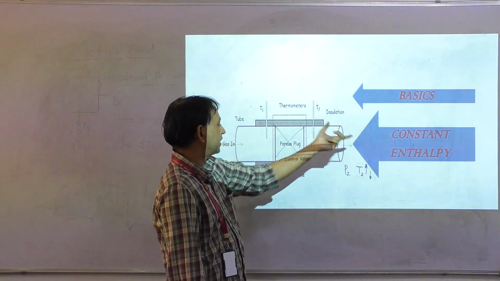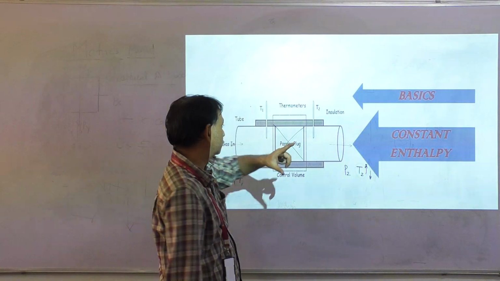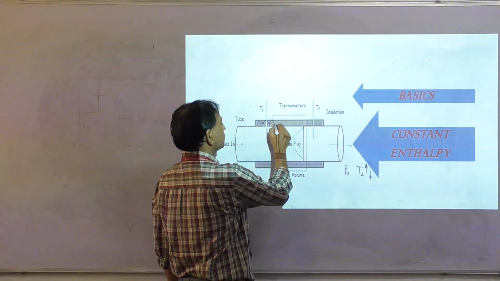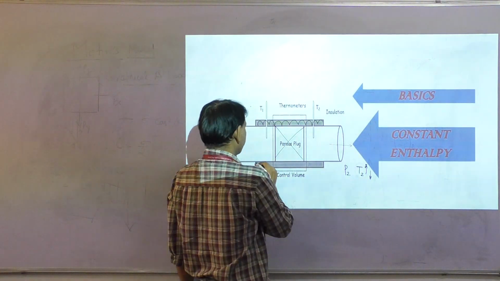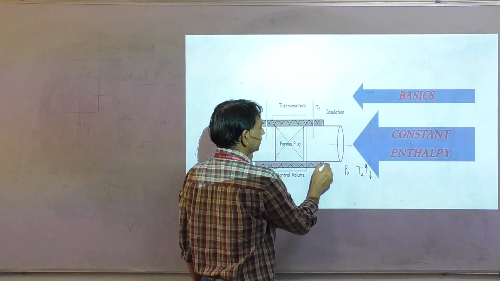Here the gas is made to pass through a uniform cross-sectional tube, and this tube is equally insulated over the surface. So we will apply the steady flow energy equation here.